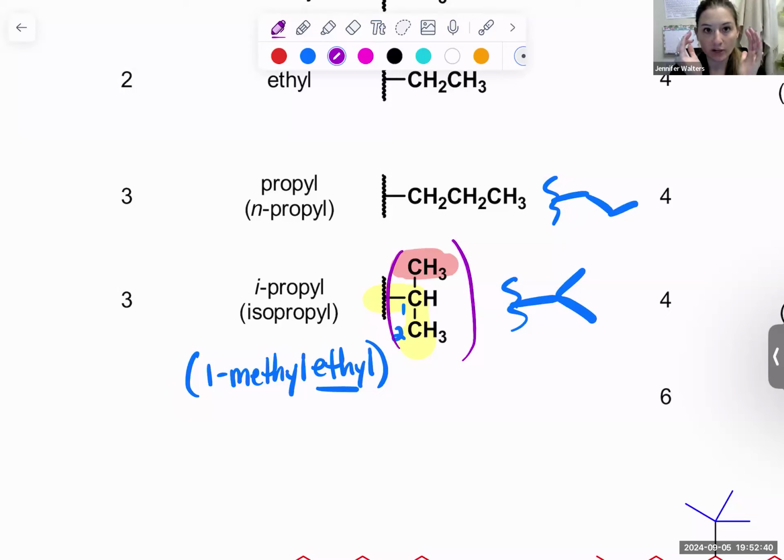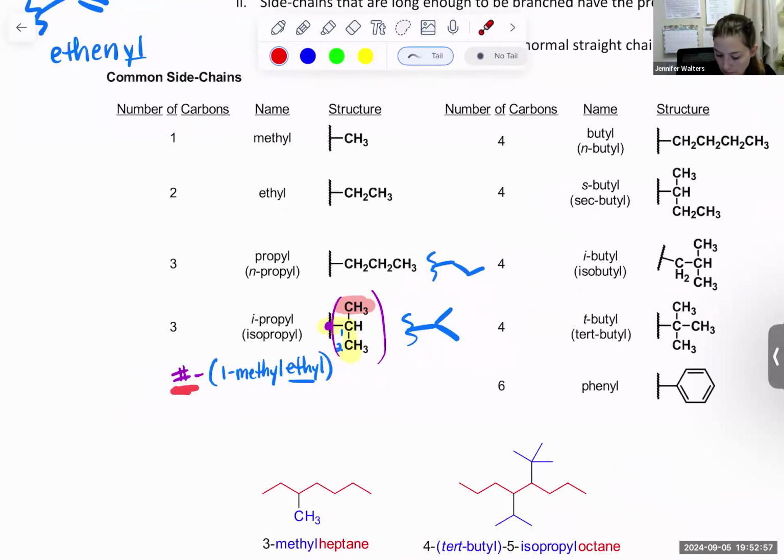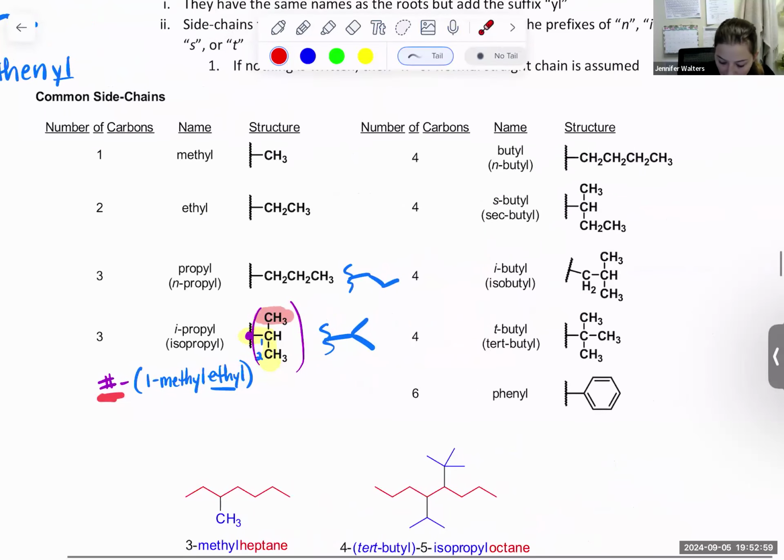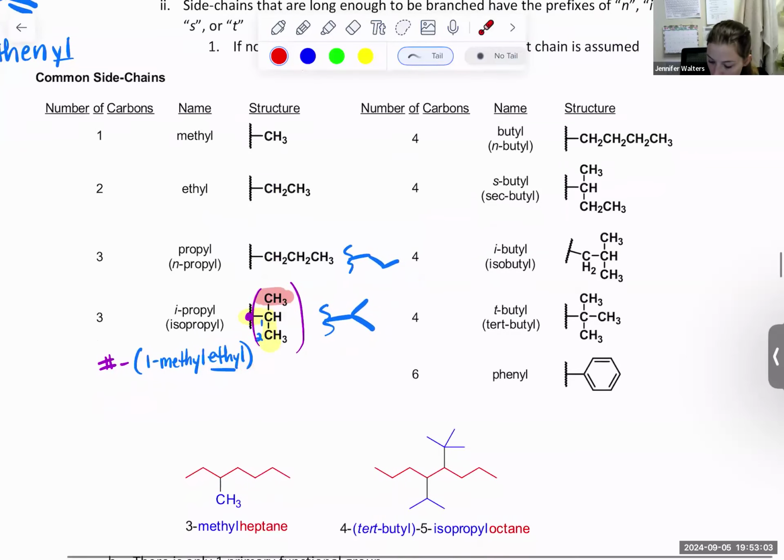So everything on the branch substituent goes in parentheses. The location of the branch itself, whatever carbon it's on here, would go outside the parentheses. Inside parentheses is locating on the branch. Outside parentheses is for the true backbone location. And the backbone of the branch will always be closest to the name of the true backbone.